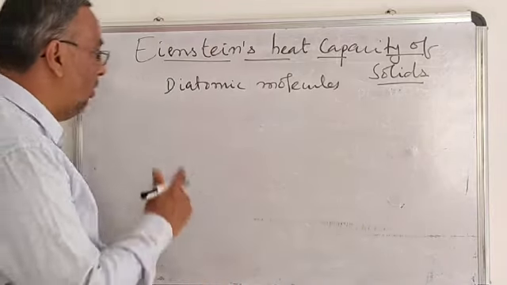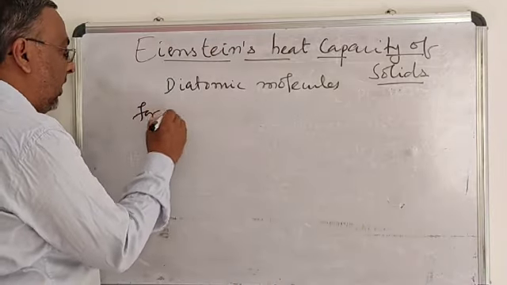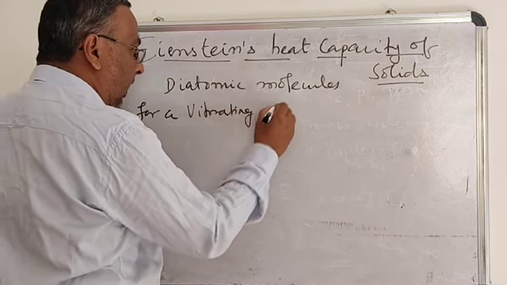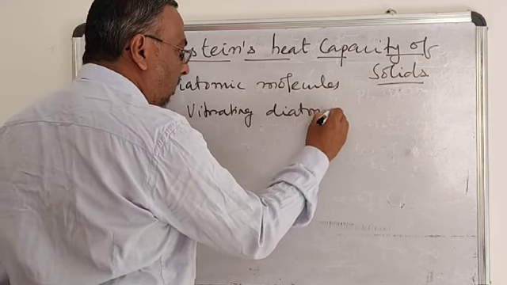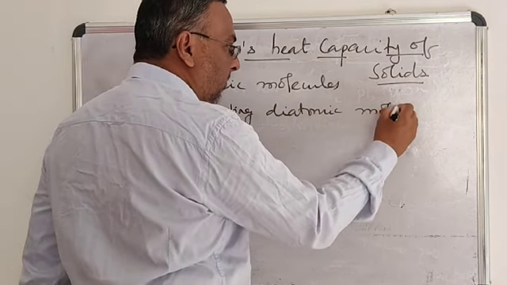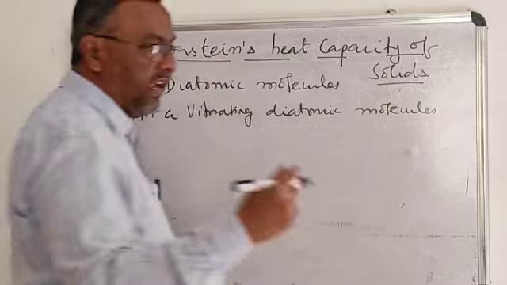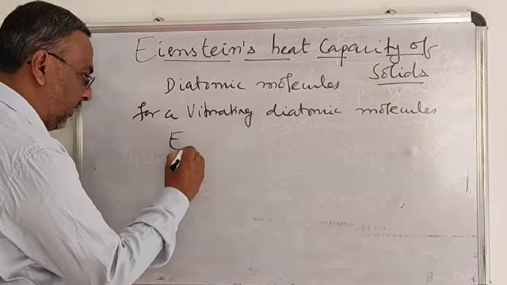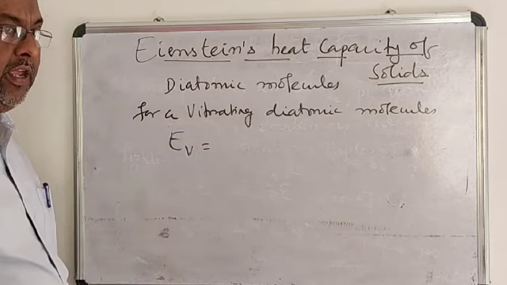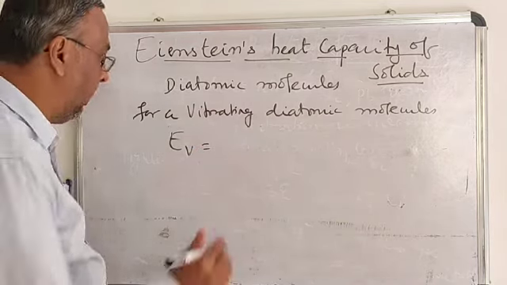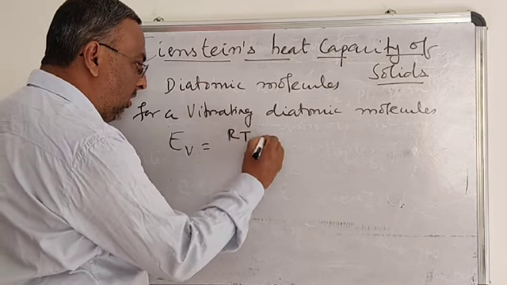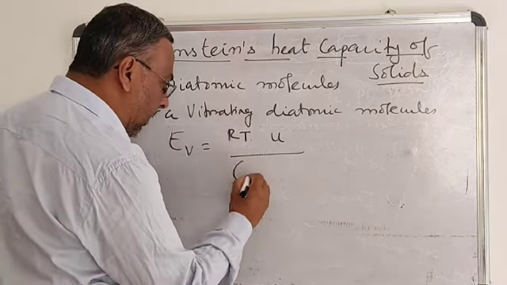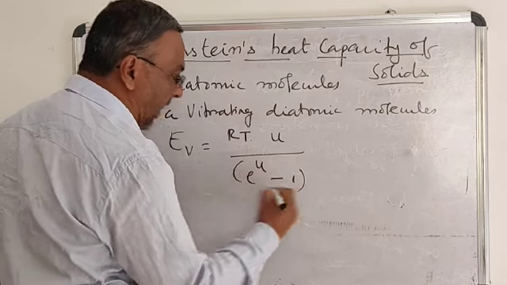So therefore, for a vibrating diatomic molecule which is vibrating along the internuclear axis, the energy of vibration, as we have already studied in the vibrational partition function, will be equal to RT into U divided by e power U minus 1.